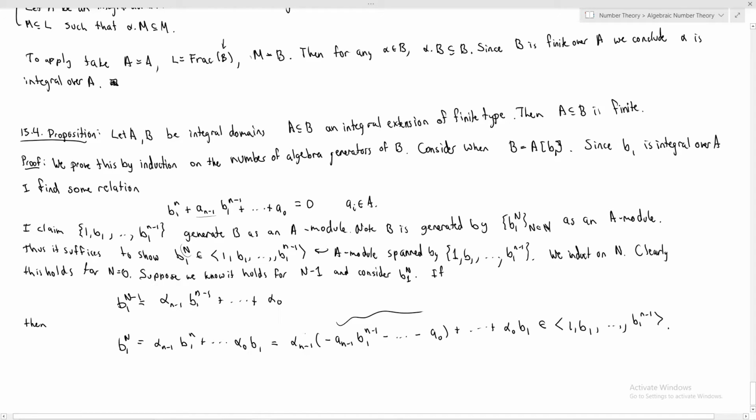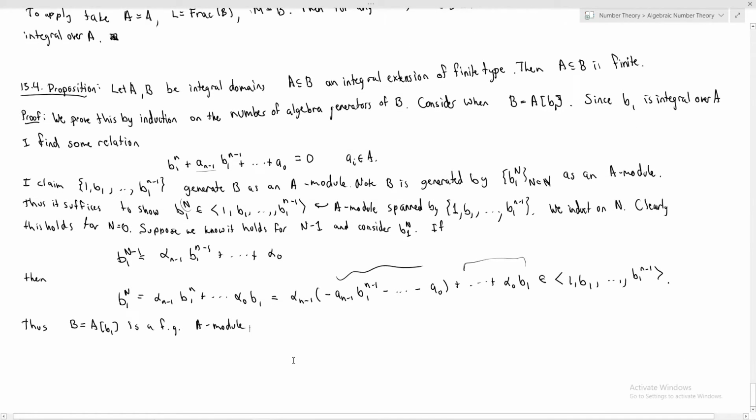Multiply this by A, we're still in this A module, and all these lower terms have B1 to the power n minus 1 or less. Okay, so what does this prove? Thus, B equals A join B1 is a finitely generated A module. So this is kind of the base case of our induction.